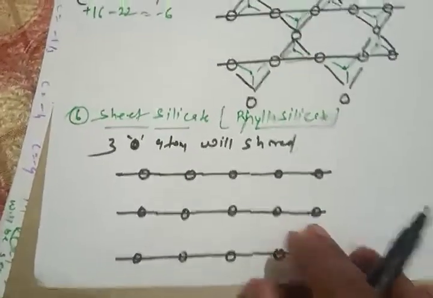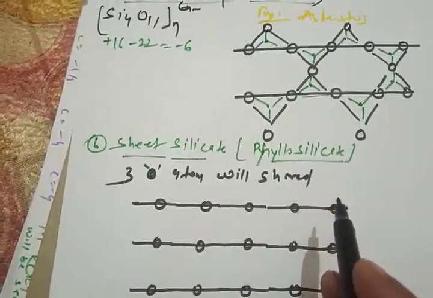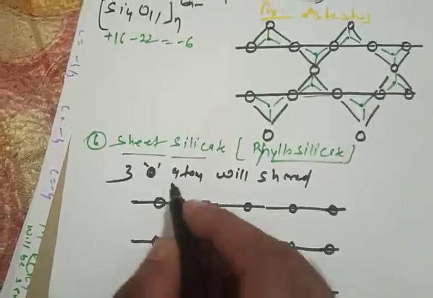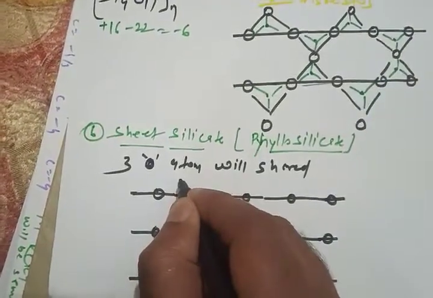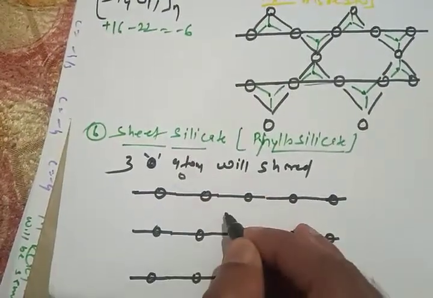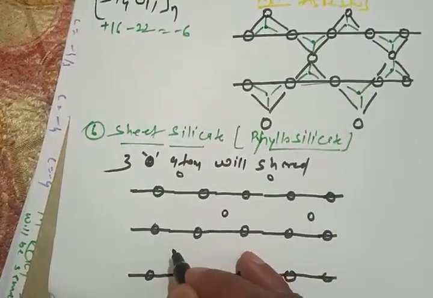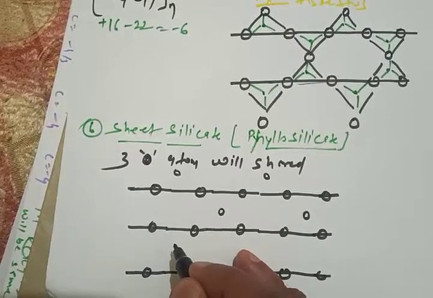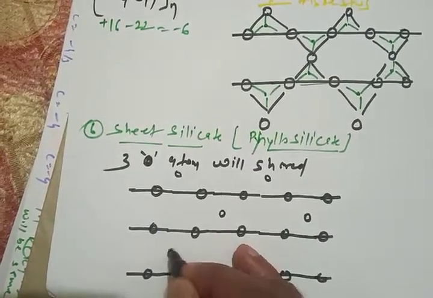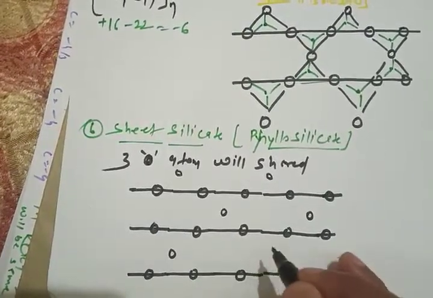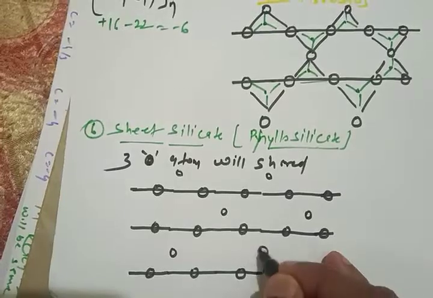The structure of the sheet silicate looks like this: one oxygen, then one oxygen, then here we will put one oxygen, then one oxygen here.